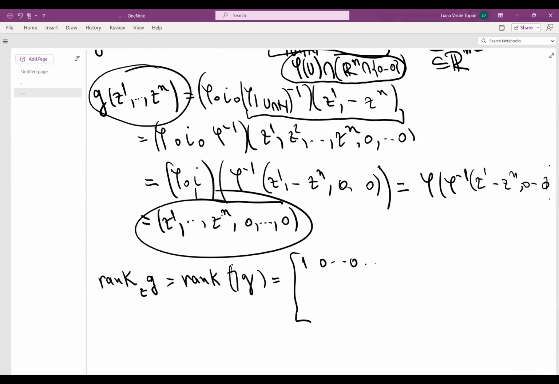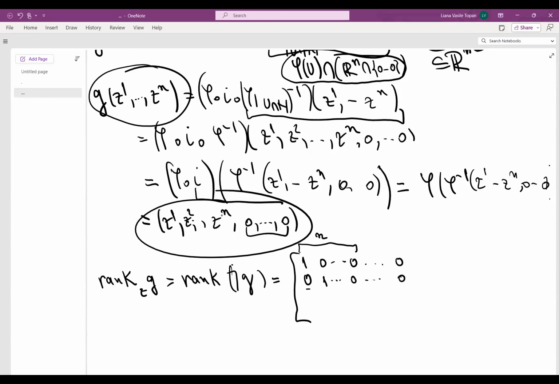So here you have n columns, right? Then you will have 0, and with respect to Z2, imagine there is a Z2 here, right? The partial derivative of Z1 with respect to Z1 is 1, with respect to Z2 is 0; for Z2, with respect to Z1 is 0, with respect to Z2 is 1, 0, and then you have other zeros coming from these ones, right?